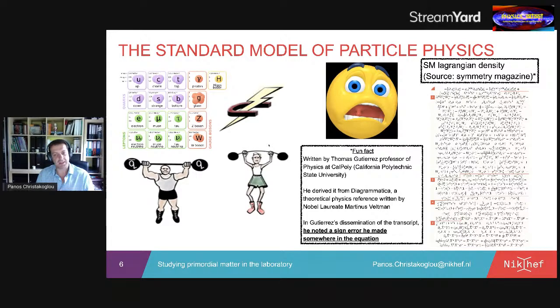The fun fact is that Gutierrez, while trying to practically type the whole Lagrangian density of the standard model, noted a sign error that he made somewhere in the equation. So if someone finds it, please send it to me by email. I'll be more than happy to find it myself.